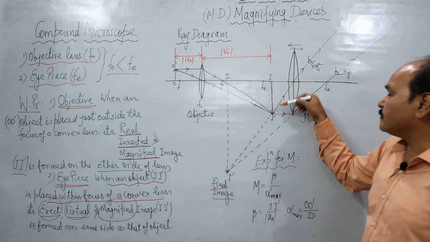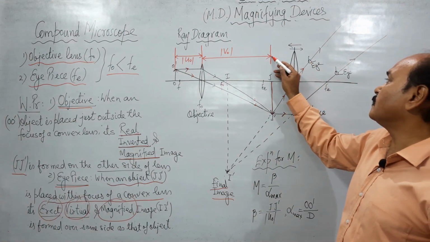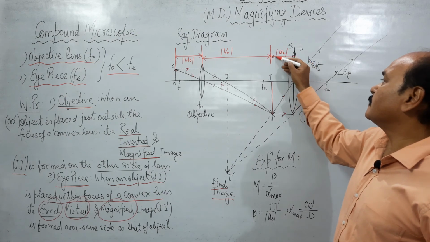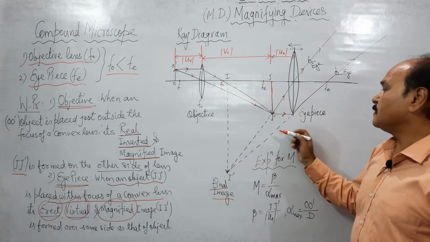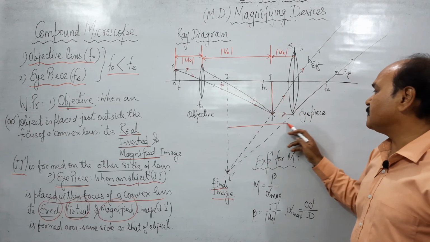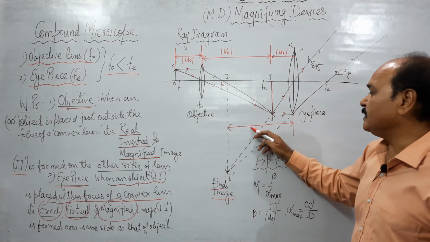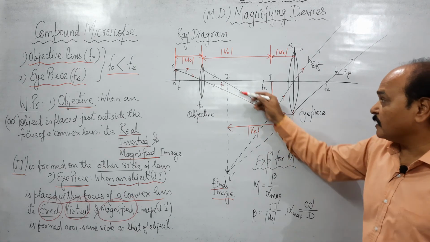This JJ dash behaves as the object for the eyepiece, and the distance of this object from the eyepiece is UE. The final image is formed, II dash, and the distance of II dash from the eyepiece is VE. So that's how the final image is formed here.